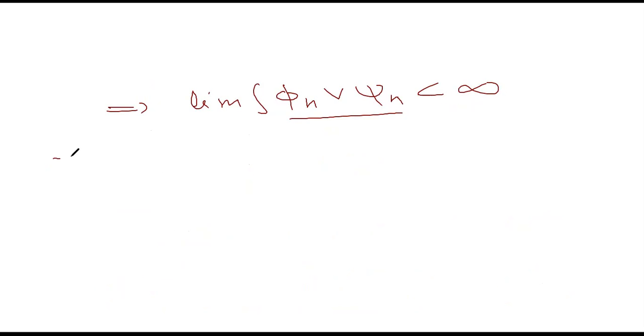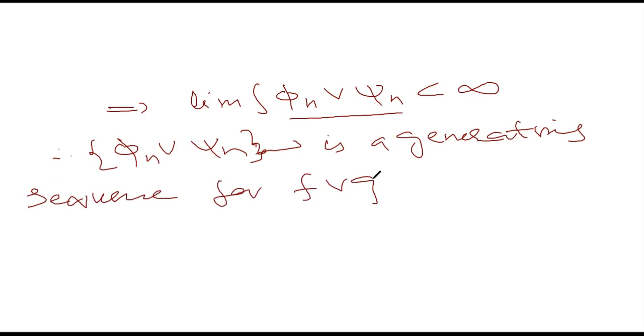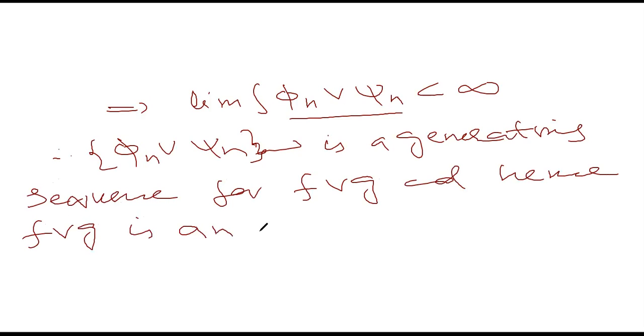So therefore phi n join psi n is a generating sequence for f join g, and hence f join g is an upper function.